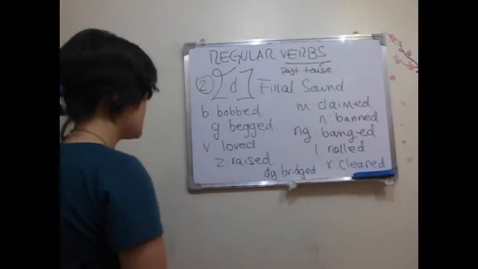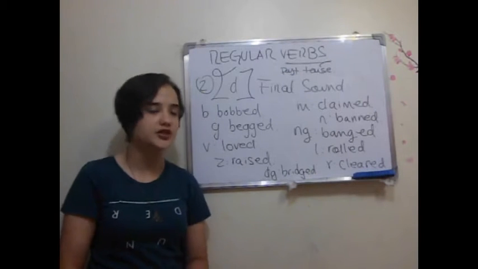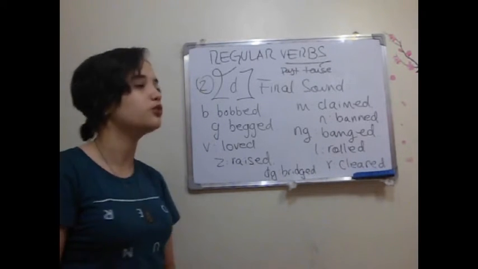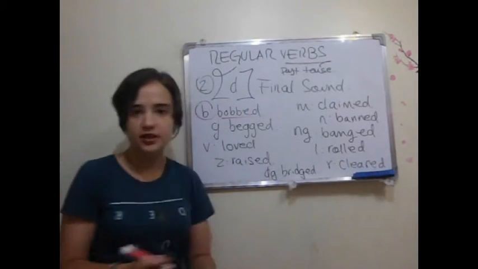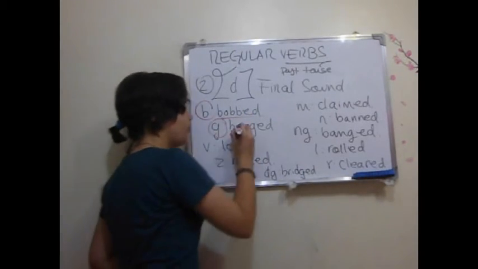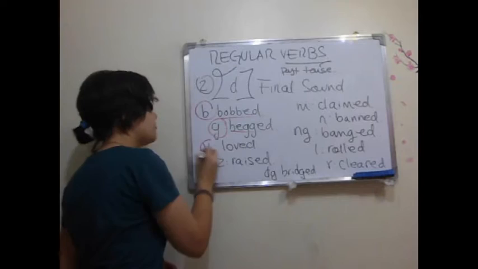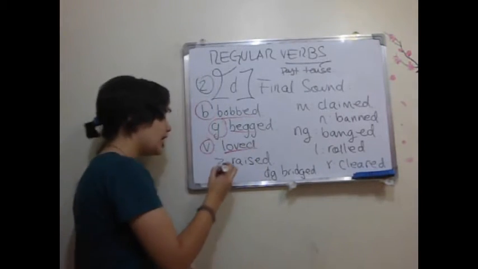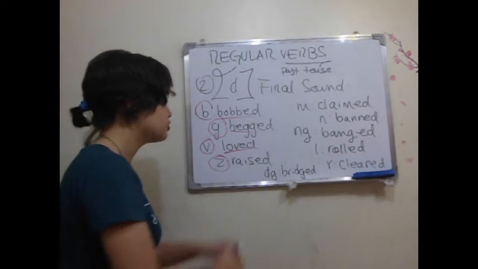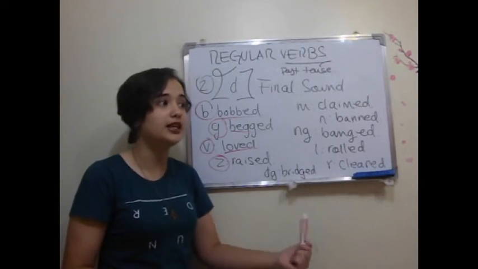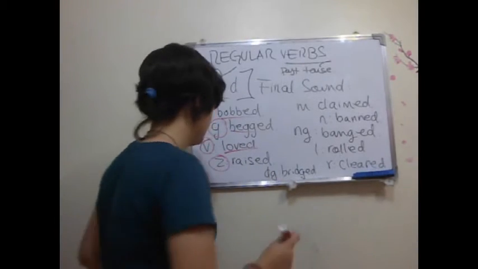Again, magic of technology. Here are our examples of each one of the sounds already explained. We have the B for bobbed, okay, then the G for begged, V for loved. Another example of why we need to take into account only the sounds. I'm repeating this because it is confusing, okay?